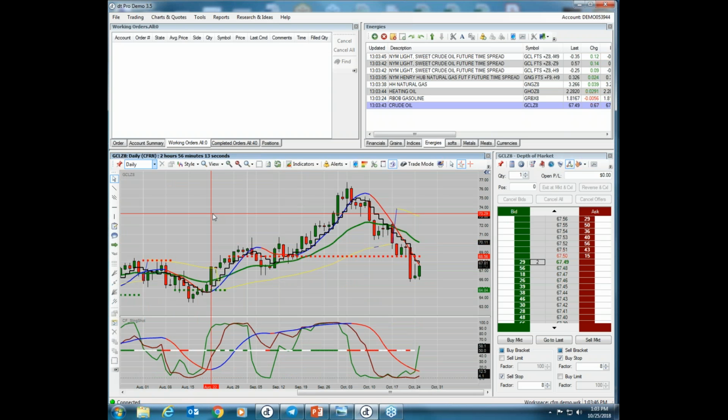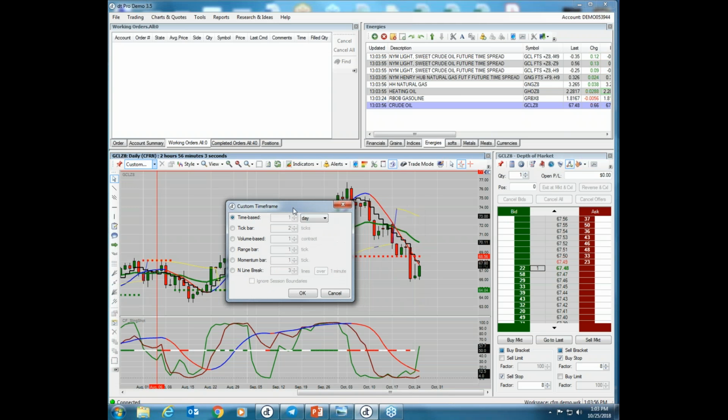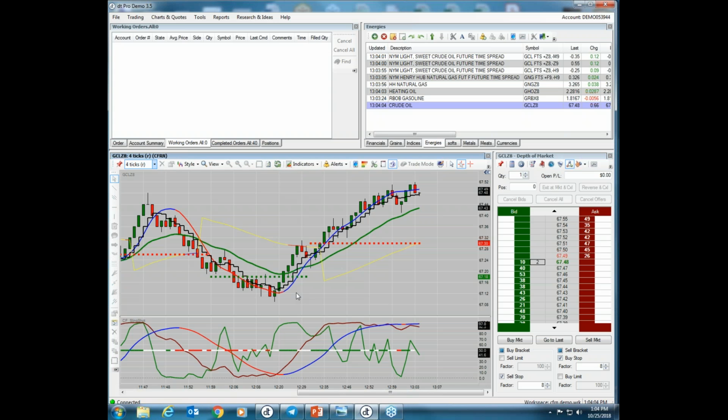If you have DTPro, this little box here says daily. There's a little drop-down box next to it. Left click and select custom. A box will pop up. Just select range bar and make that 1 look like a 4. Hit OK, and your Crude chart should look something like this.